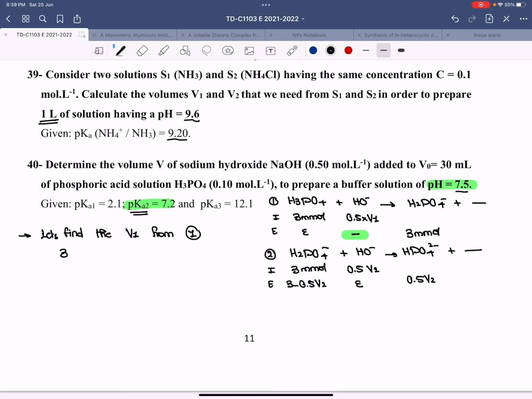For V1, basically, I have 3 millimoles minus the value of HO minus, which is 0.5 V1. This is not the complete value of HO minus, and this changed into a 0.